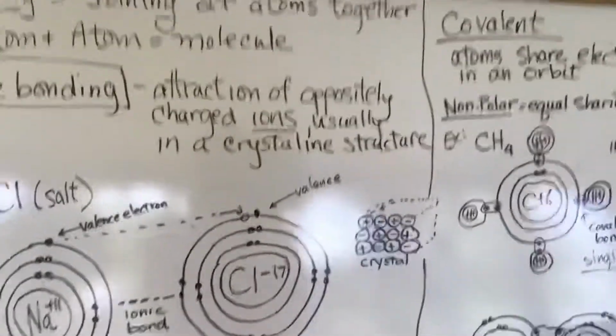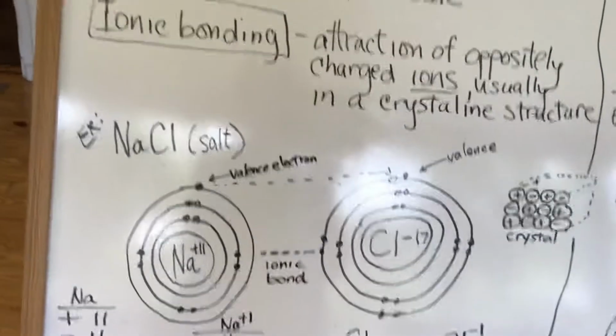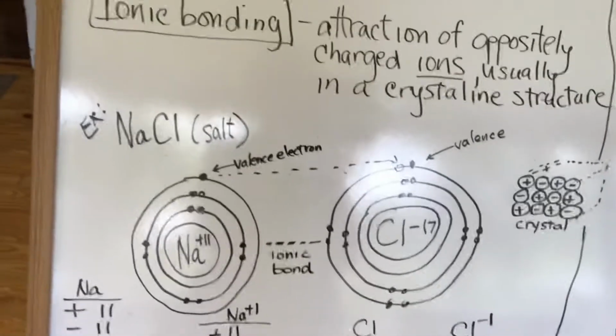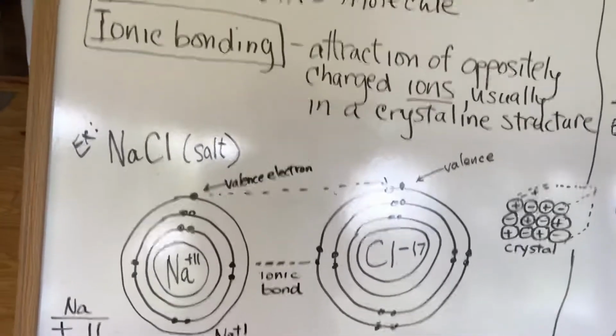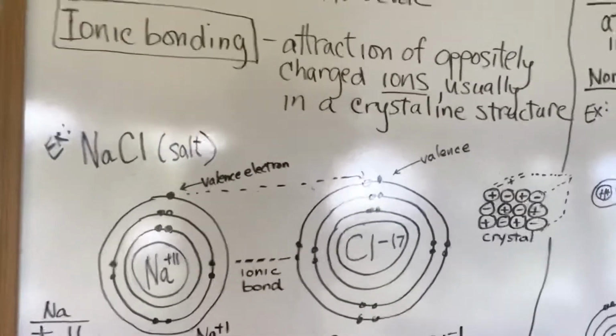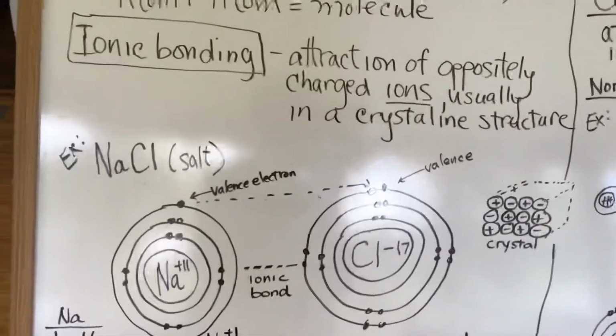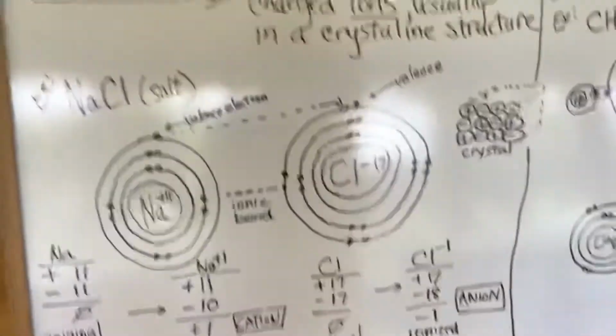You might remember that salt is a crystal. If you looked at salt really closely, you might have seen little blocks of the pieces of salt. Generally, things that are crystals are created by ionic bonding. Okay, so we're going to talk about how that happens.